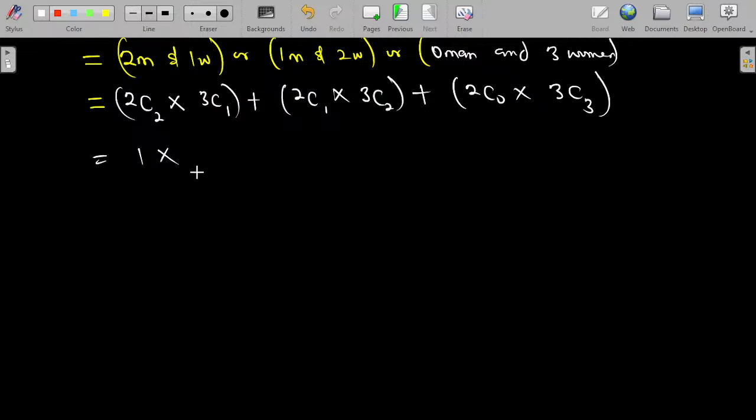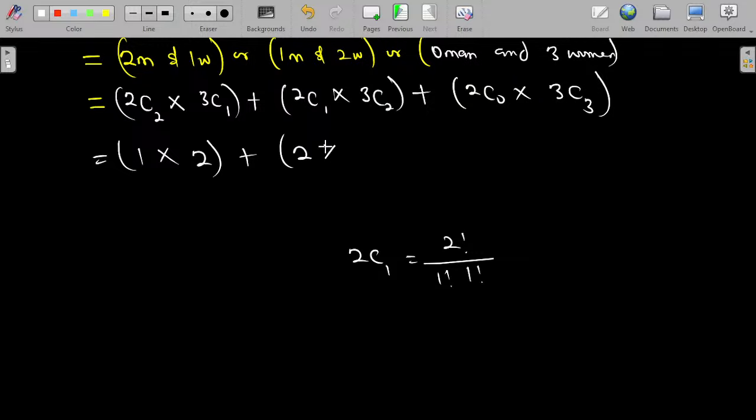Alright, so that's beautiful. So we got that 3 combination 1 is 2. So you close this bracket. Then plus, here you now have 2 combination 1, which is also equal to 2. Let's look at it. 2 combination 1 is 2 factorial all over 2 minus 1, which is 1 factorial, then multiply by 1 factorial. So that's going to give you 2.